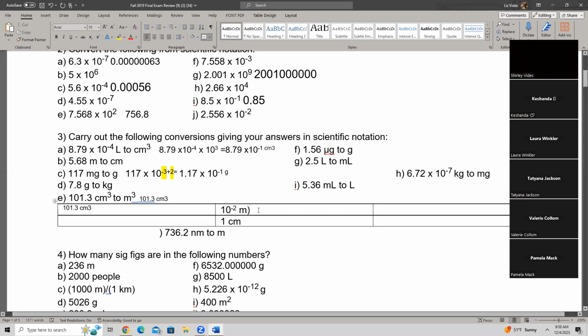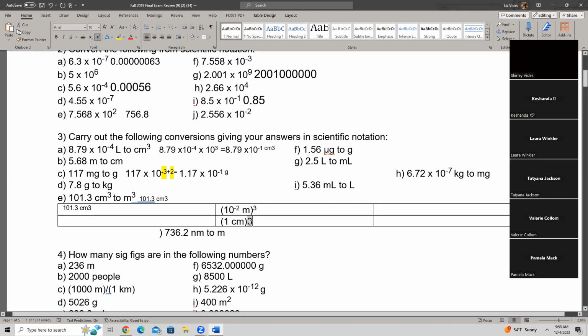But we cannot convert this because what they're asking for is cube. And so we need to cube ours. So this is where we're going to do this. And how do we cube? We just put a cube here and a cube here. So when you are cubing an exponent, what you do is you multiply it.